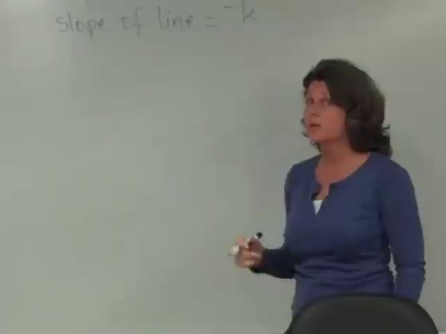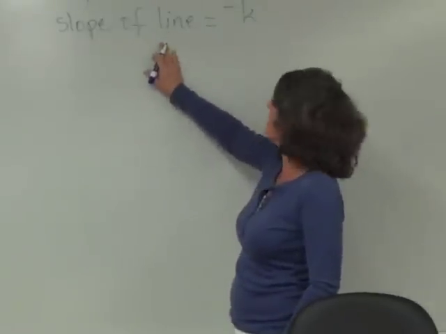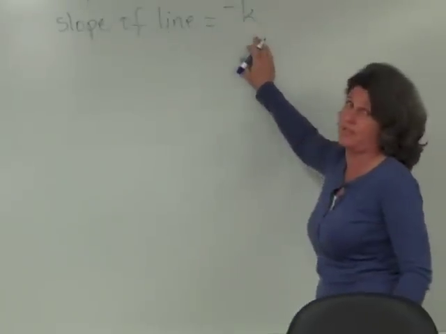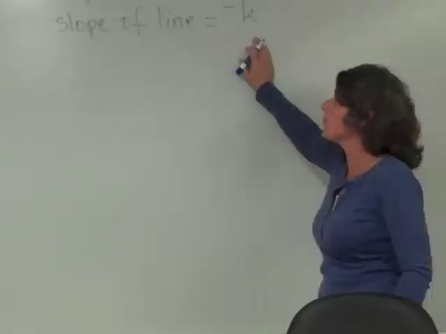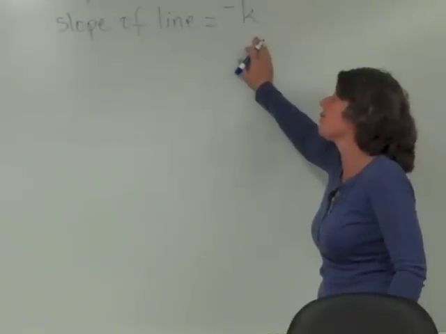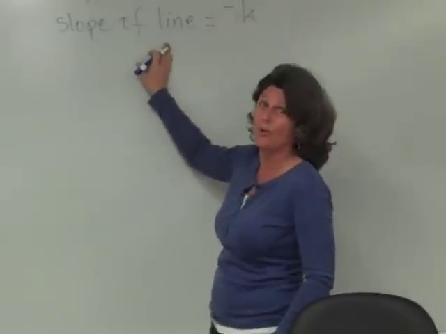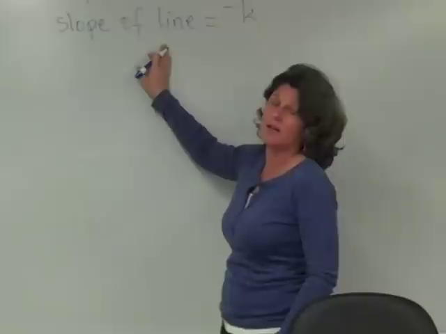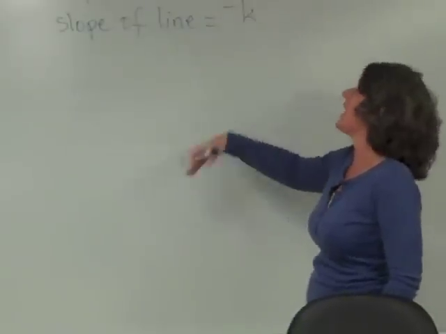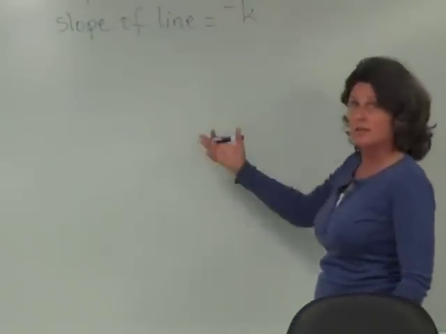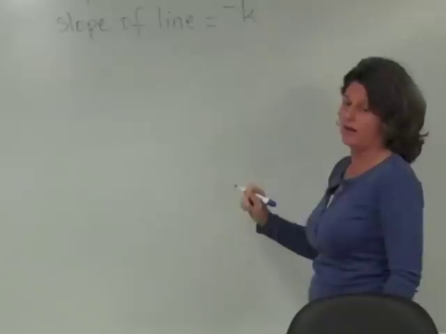Y equals mx plus b. So the slope of the line is equal to the opposite of k. What we're going to do is find the slope of our straight line, and that will be the opposite of k.